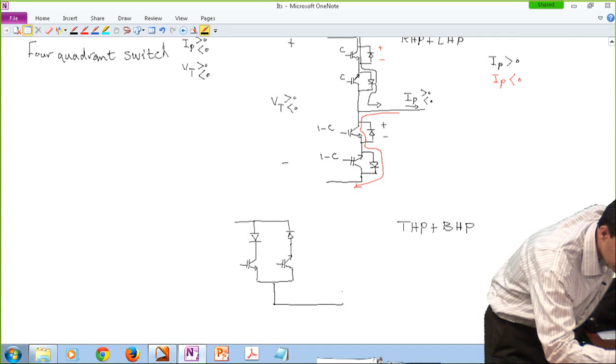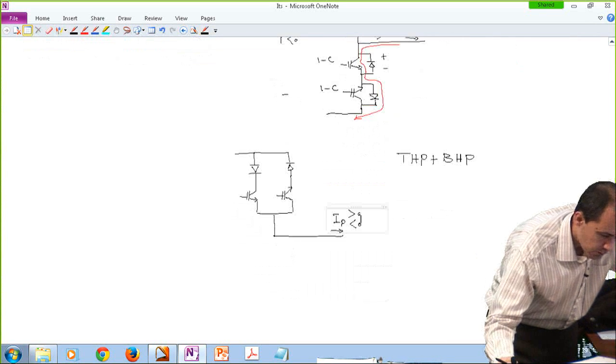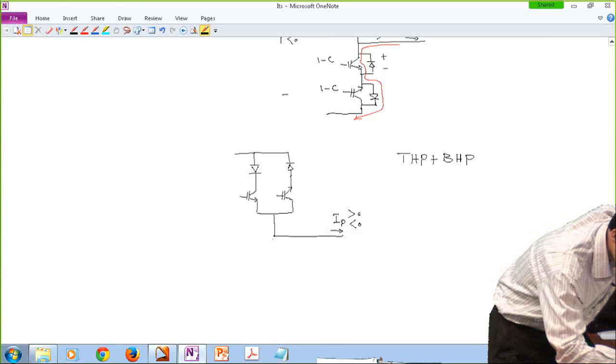And for the top throw, we almost have a similar thing.